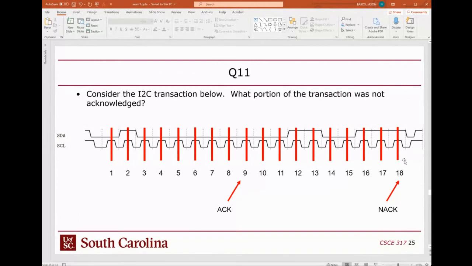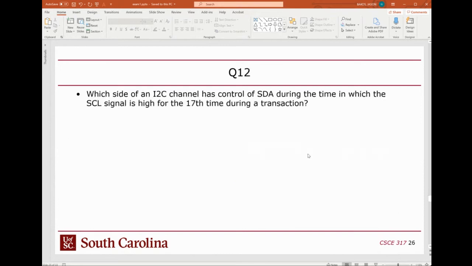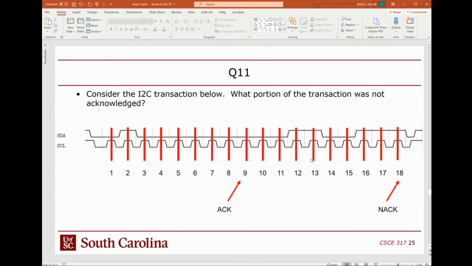So that's actually considered a NAK, or a not acknowledge. So the answer here is the NAK happens after the data phase. Read-write bit. Yeah, there's still a read-write bit, but we don't care about that in this question. The read-write bit would be bit.